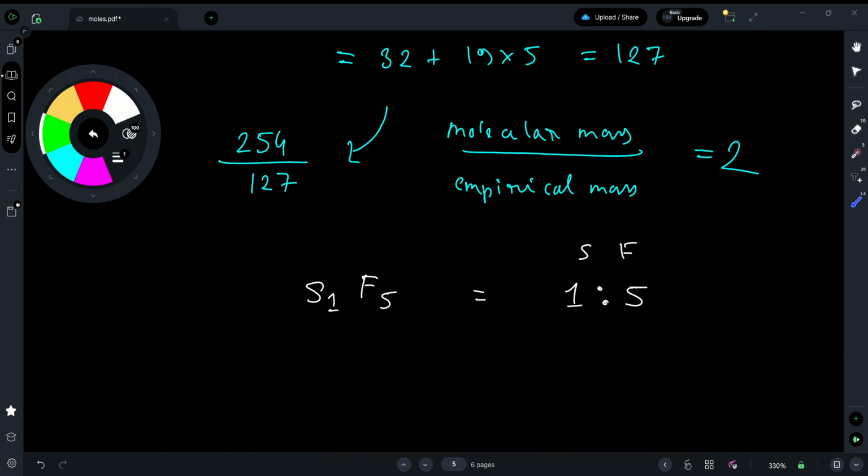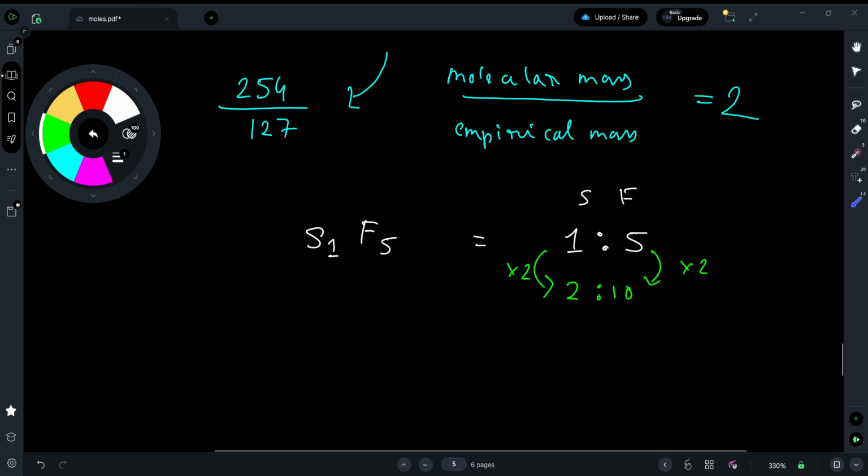So you multiply this by 2, you multiply this by 2. If you had more, you would multiply that by 2 too, but we don't have more, so we don't have to worry about that. So 2 is to 10, and that is your formula. So that is the molecular formula, S2F10, of the compound.